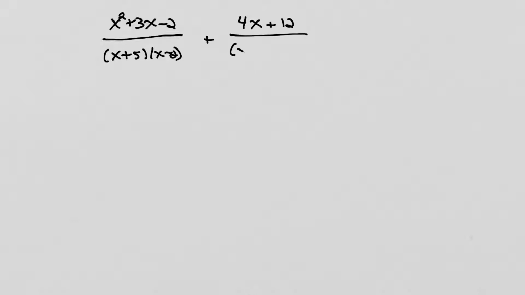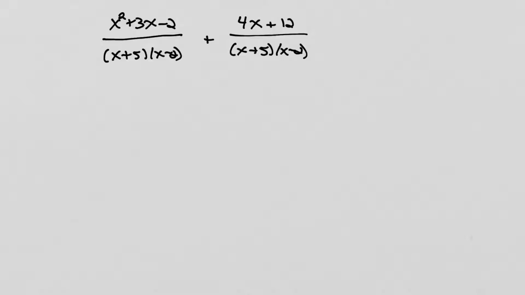All right, so for this one, let's start off with one which actually has the same denominator, but it'll factor for us. If I had x squared plus 3x minus 2 all over x plus 5 times x minus 2, okay, plus, let's say 4x plus 12 over this same denominator. Okay.